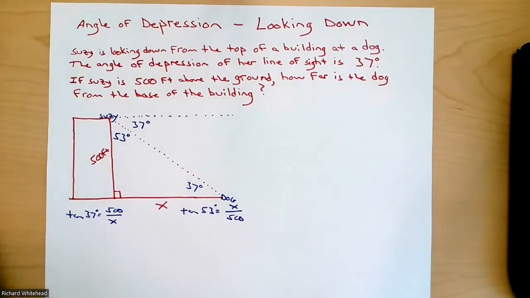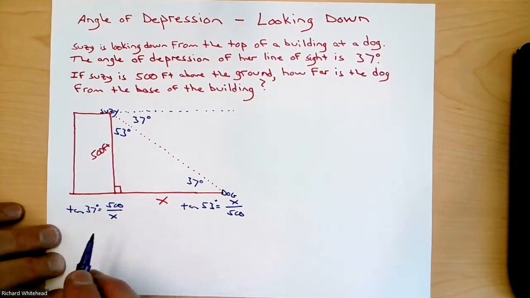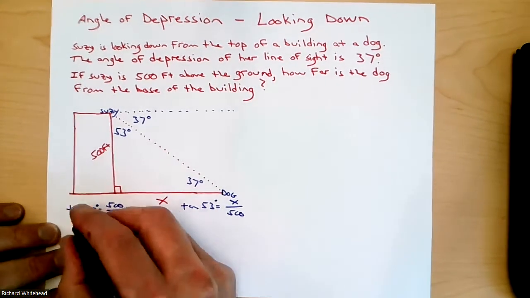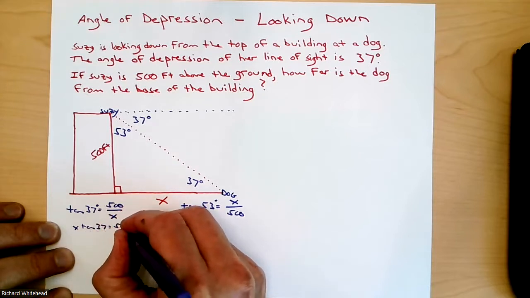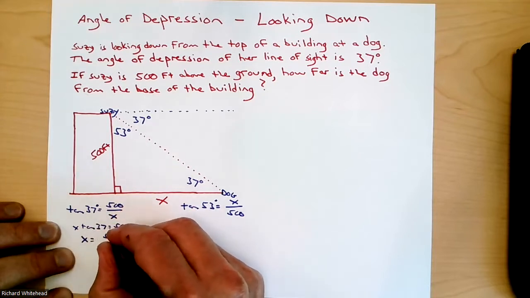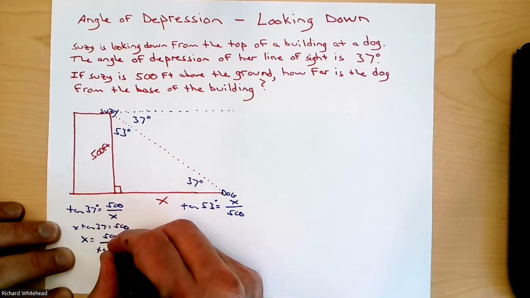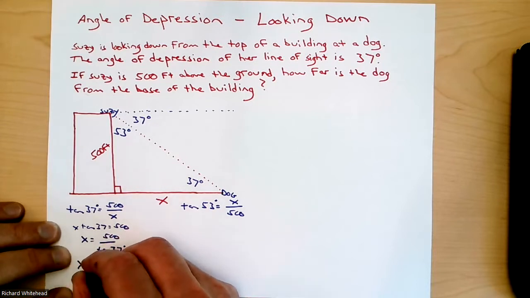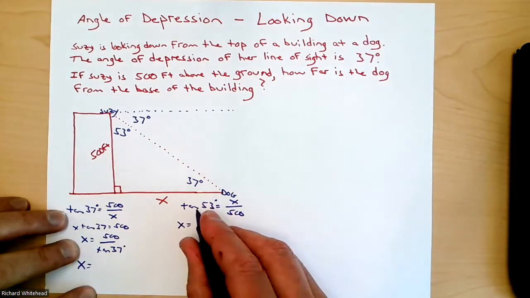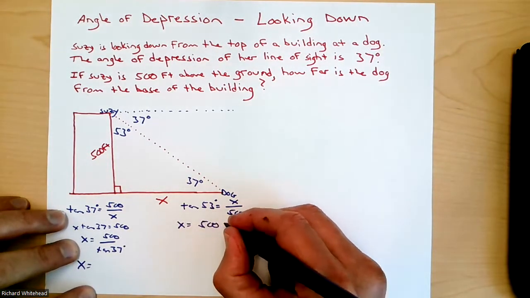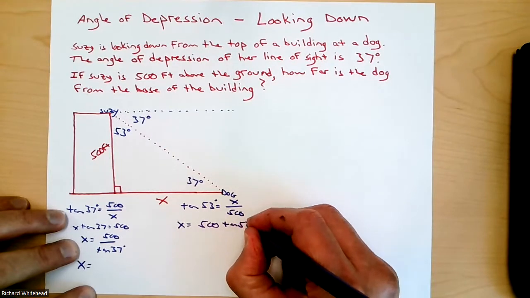All right, so remember algebra, you can say, well, this one's a little messier because you have to cross multiply and then divide. So you'd have x is equal to 500 over tan 37. This way would be a little bit easier because you only have to do one step. Cross multiply the 500, so 500 times tan 53.